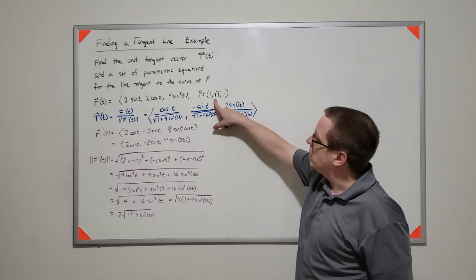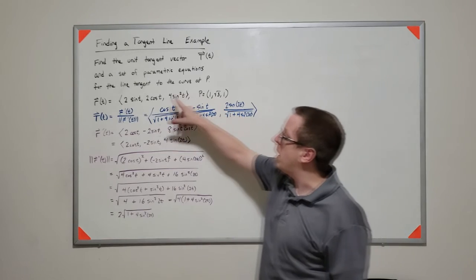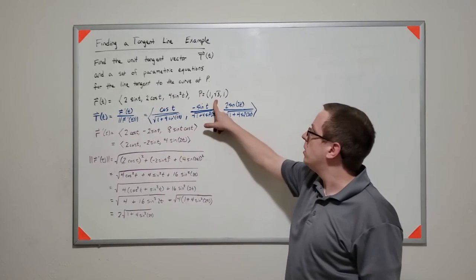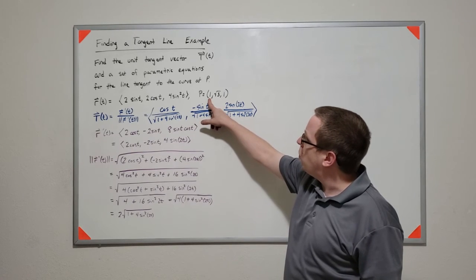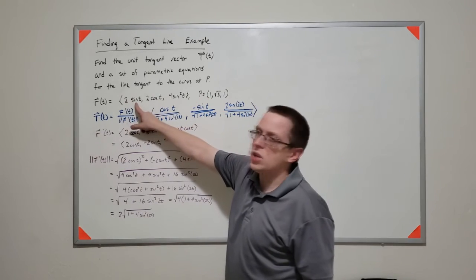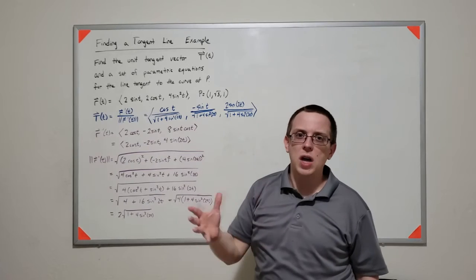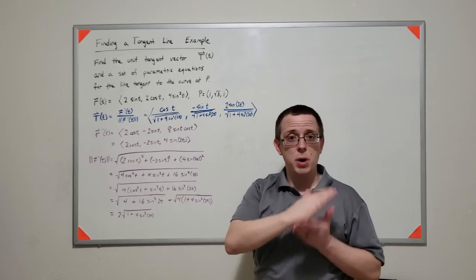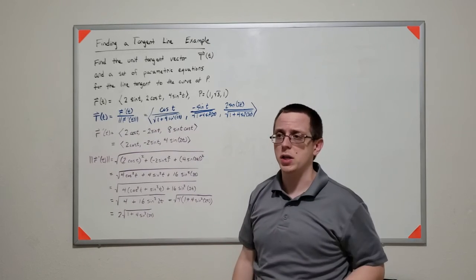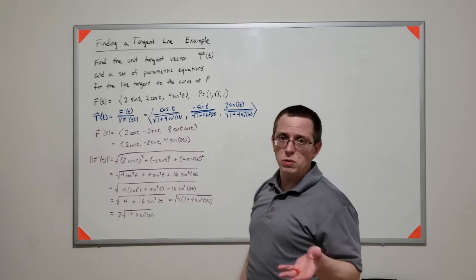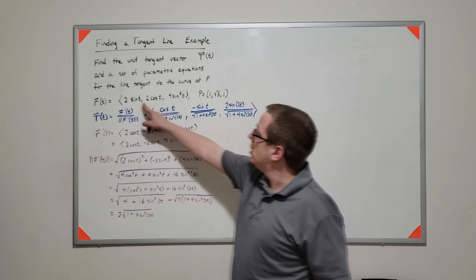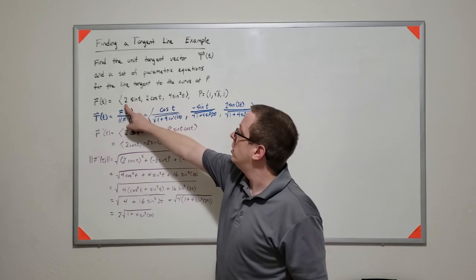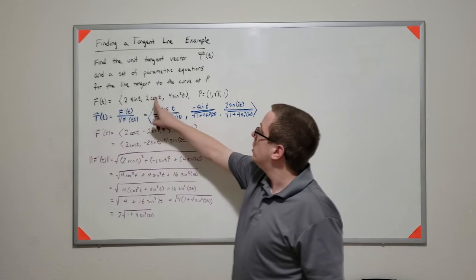We have a point, so we have to find values of t that make this position vector land at that point. To get 1, 2 sine of t is equal to 1, so sine of t is equal to 1/2. If you remember on the unit circle, that happens at pi over 6 and 5 pi over 6. Let's just guess and say pi over 6. Sine of pi over 6 is 1/2 times 2 is 1.